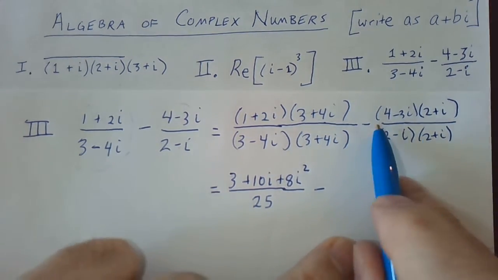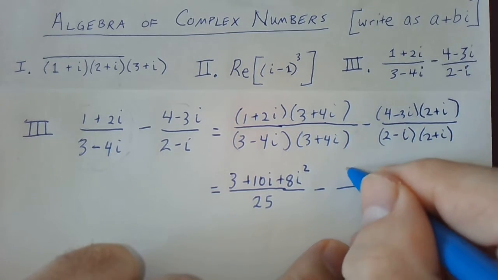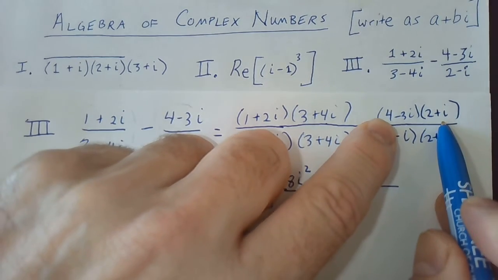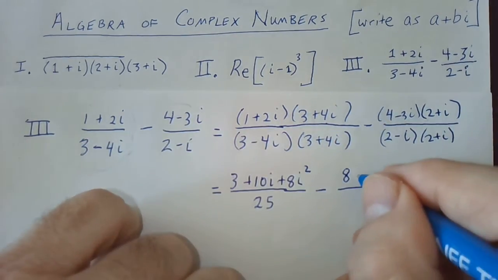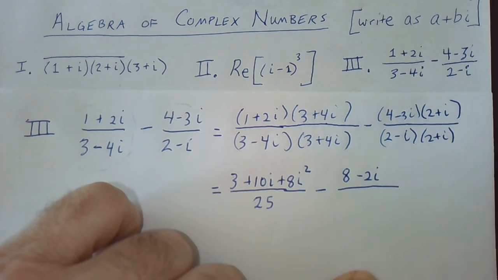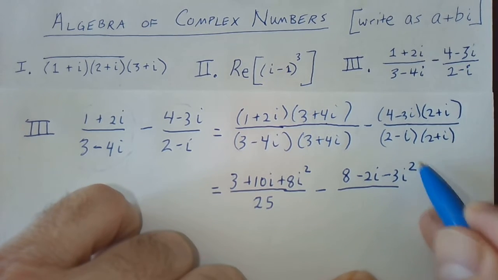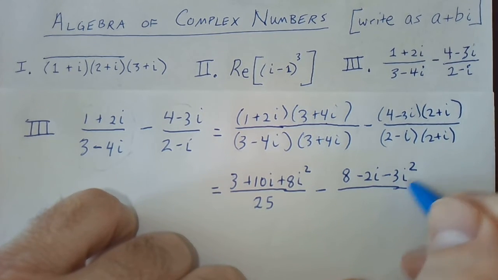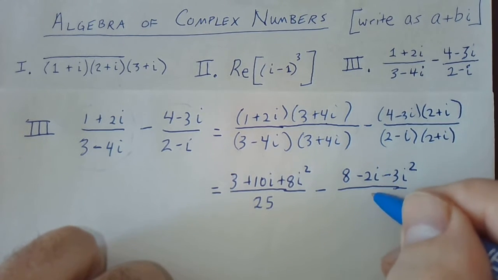Minus, let's FOIL out the top. 4 times 2 is 8. Then we have 4i minus 6i, which is minus 2i. And the last is minus 3i squared. Once again, that's going to be a positive 3 because i squared is negative 1. Okay, 2 squared plus 1 squared is 5.